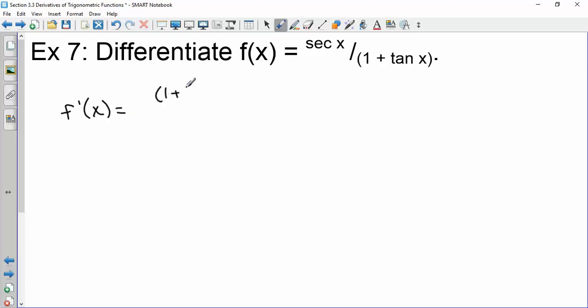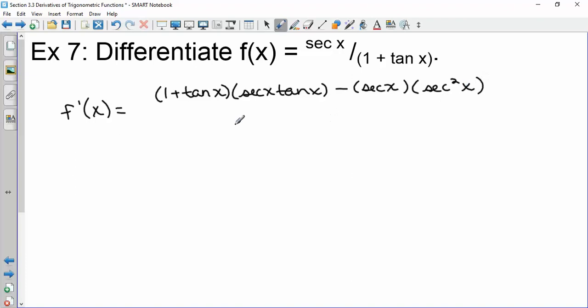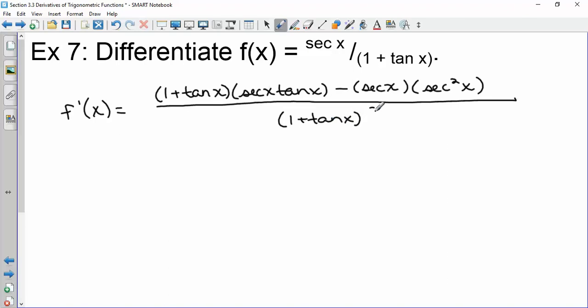So low, 1 plus tangent x. D high, what's the derivative of secant? Secant x tangent x. Minus high, d low, what's the derivative of 1 plus tangent? Over low squared.